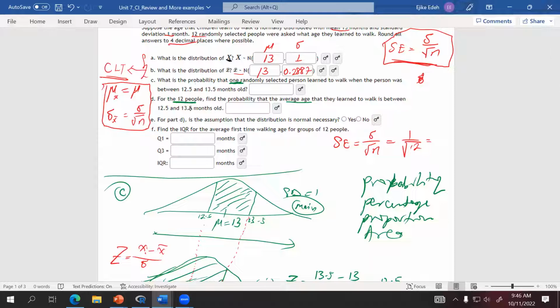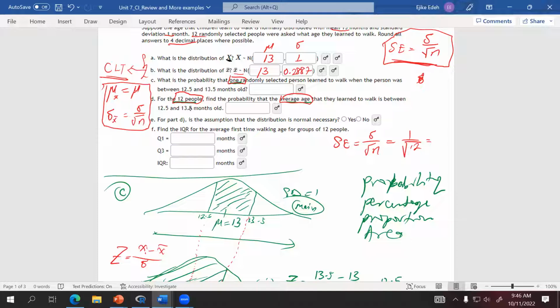Because this question is talking about 12 individuals together, while the previous one was about just one person, we are interested in the average age, so we're going to use the central limit theorem here.